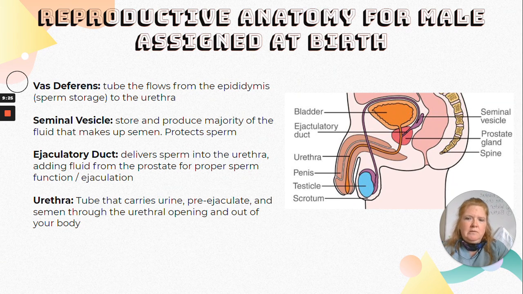So the seminal vesicle produces most of that fluid, but some does come from the prostate gland. And then there's the ejaculatory duct that is going to deliver everything into the urethra and allow for ejaculation out the urethra. But you can see that the urethra is also connected to the bladder, which means that urine can pass out of the body through that as well.